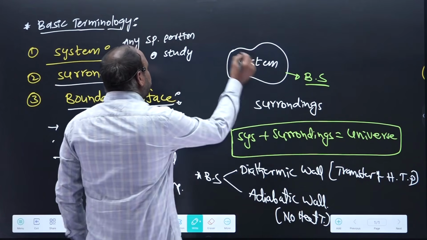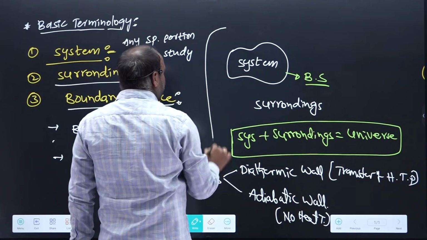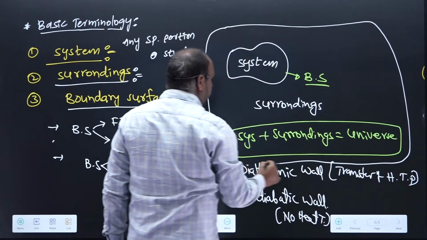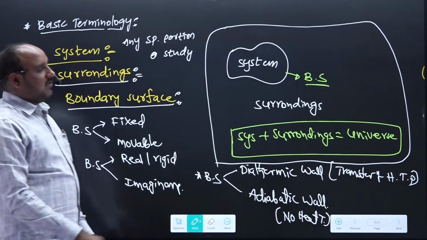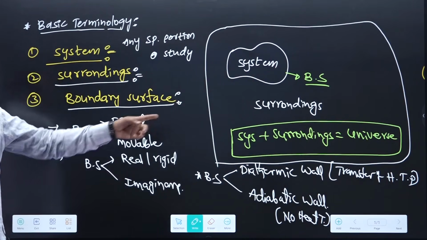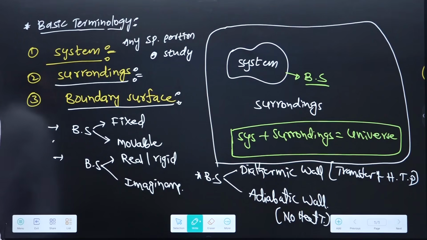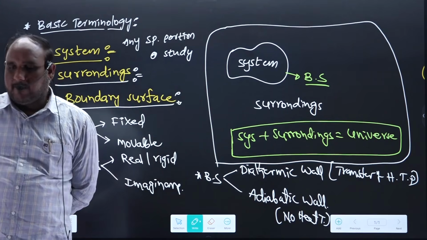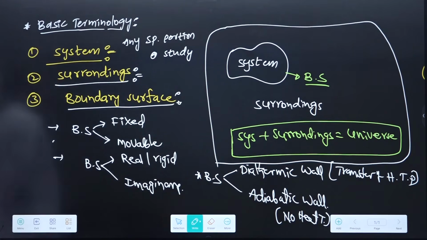Finally, overall, draw this diagram. What is the system, what is the surroundings, and what is system plus surroundings? Just draw the diagram and write that equation. System means any specified portion.